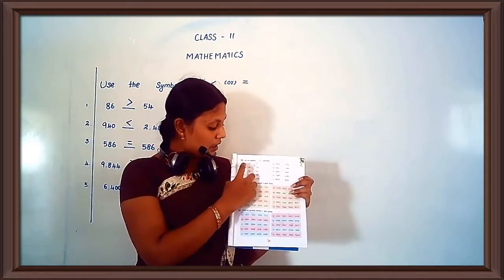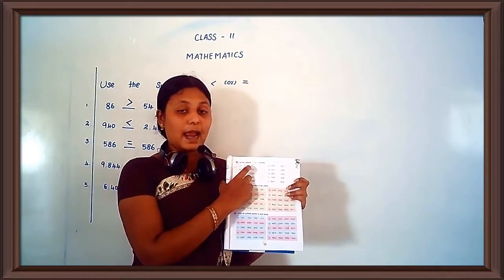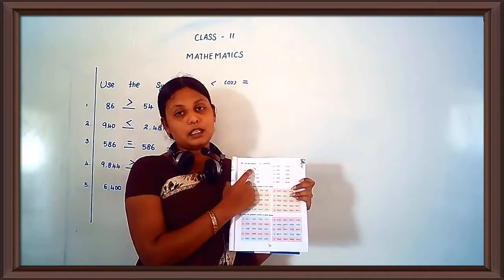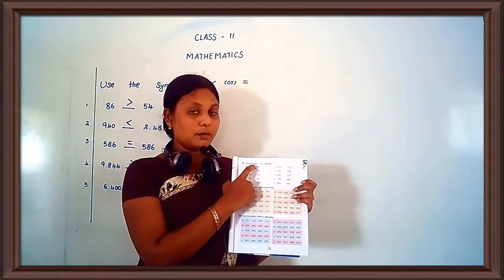See here, A: 57 and 87. Which is greater? 87. So we have to use the symbol for less than.